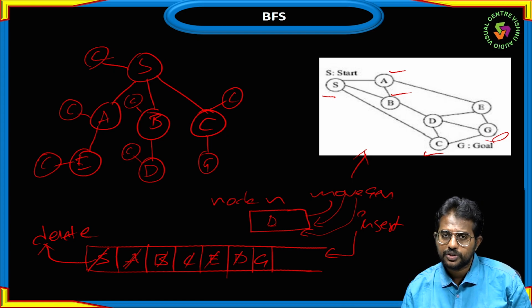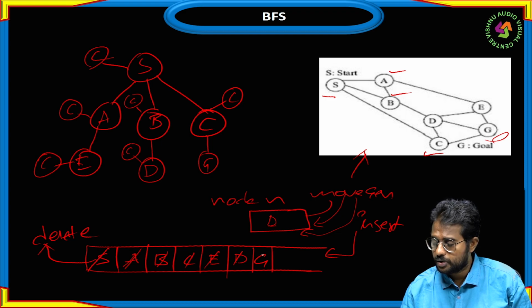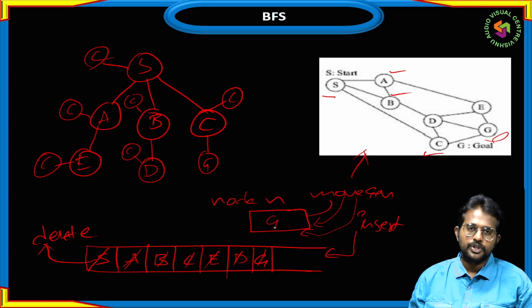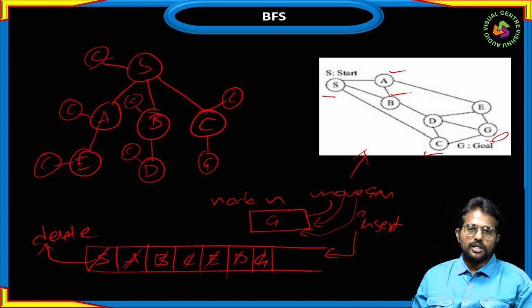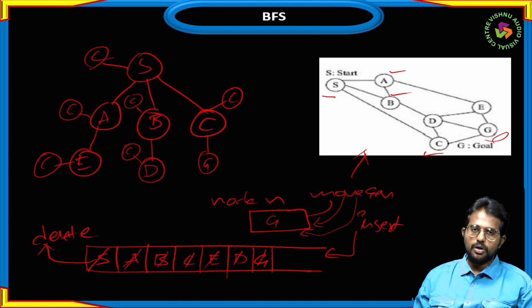Again I am going to check the while condition. The goal node is not reached and Q is not empty. So I am going to delete a node from the Q. G will be deleted and stored in node N. After that I am going to check the goal test condition. The goal test condition on G will be true, as G is a goal node.